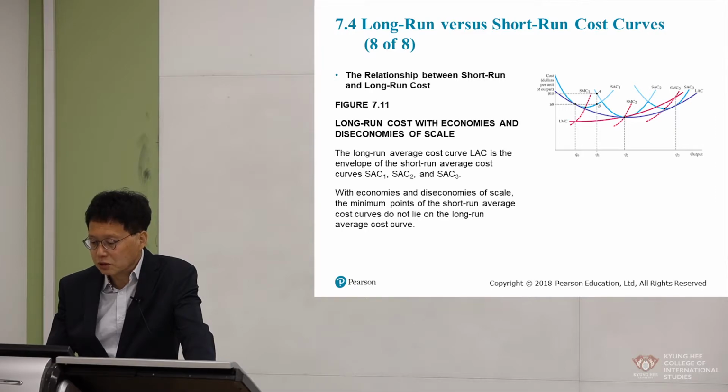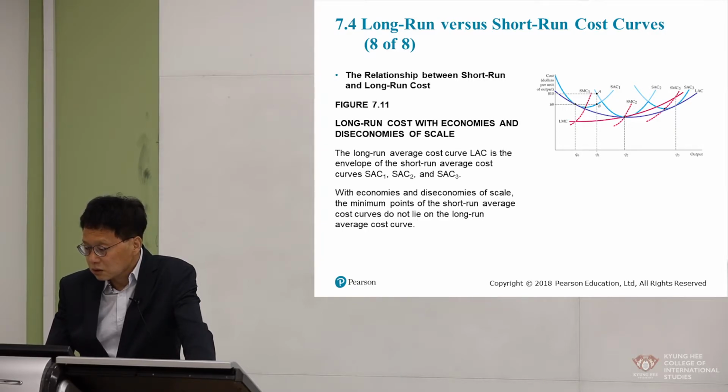The long run average cost, LAC, is the envelope of the short run average cost curves. SAC1, SAC2, SAC3. So this figure is perfectly the same as the contents of Mankiw's Introduction to Economics. With economies of scale and diseconomies of scale, the minimum points of short run average cost do not lie on the long run average cost curve.